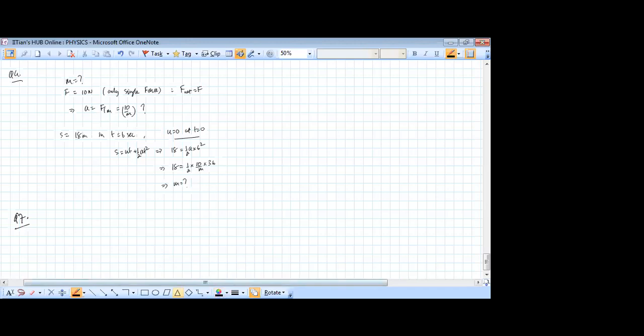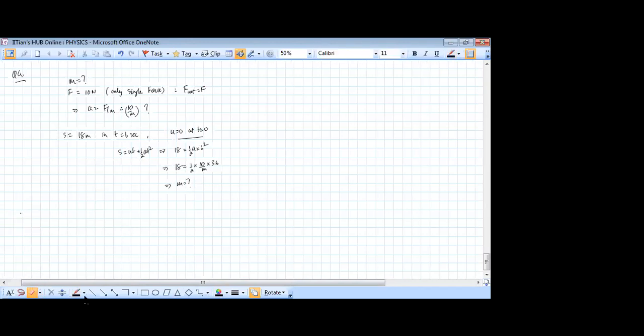Okay, so let's look at question number 5 before coming to 7. So question 5 is saying in order to drag a 100 kg log along the ground at constant velocity, we have to pull with a force of 300 newtons.